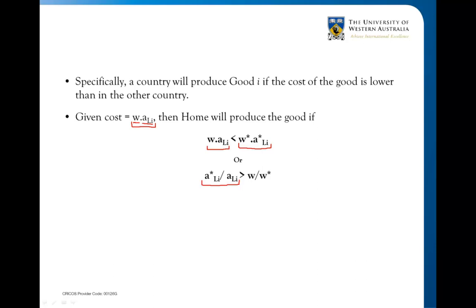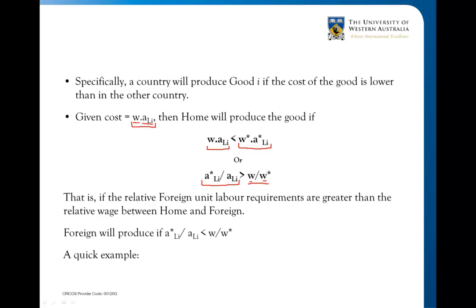If that relative productivity is greater than the relative wage with respect to home versus foreign, then the foreign country will produce if that relative productivity between them and the home country is less than the relative wage rate in the home country.